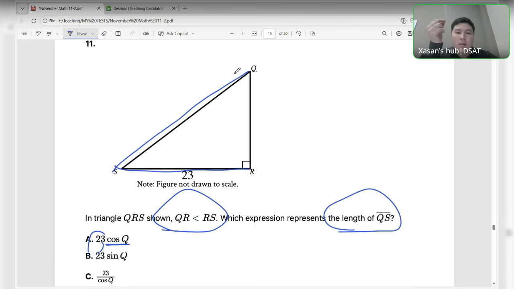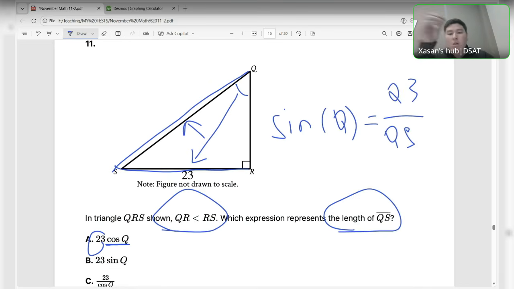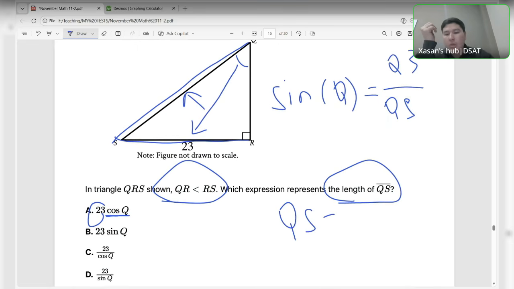Find the sine, guys. Sine Q now equals, we know that it is the opposite leg divided by the hypotenuse. So 23 divided by QS. And from that equation, you can find the length of QS, which is going to be 23 divided by sine Q. That's all.